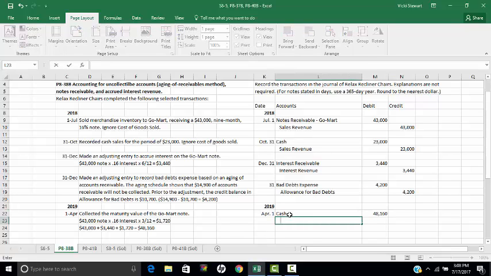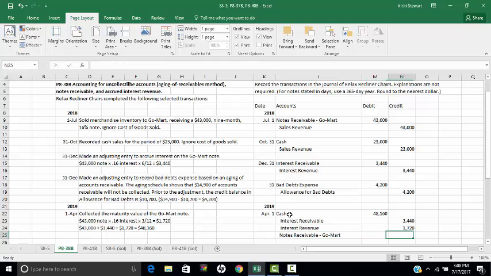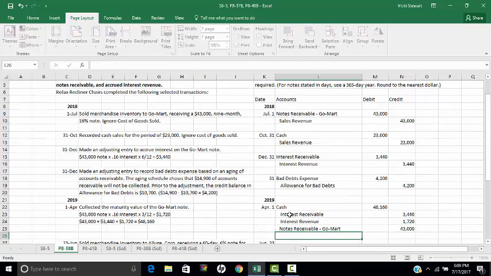And then we're going to credit first interest receivable for the $3,440 we accrued. And then we're going to credit interest revenue for the new amount of interest, $1,720. And then we're going to credit notes receivable, GoMart, for the principal amount, $43,000.